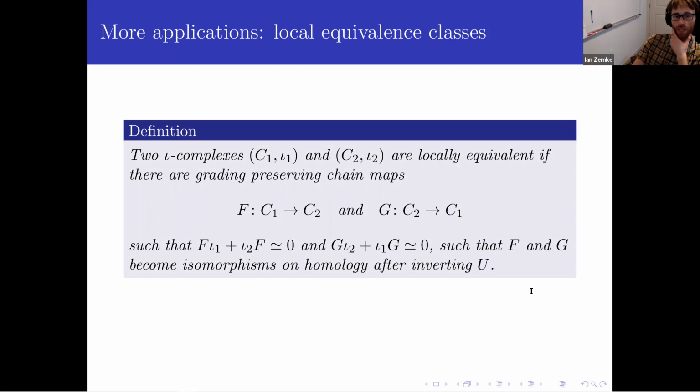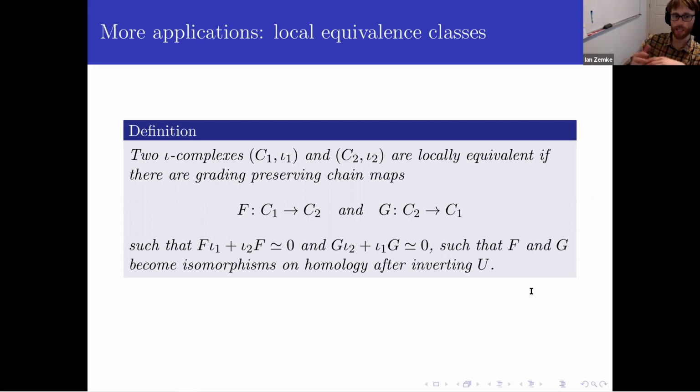If we have two iota complexes, we say they're locally equivalent if there are grading preserving chain maps in both directions, which commute up to homotopy with the involution, and are isomorphisms on homology after inverting U. These are exactly what you would get if you had a homology cobordism. You would have maps in both directions. You would take the cobordism map in one direction, and for the other direction, you would turn the cobordism around and reverse the orientation, which gives a map in the opposite direction.